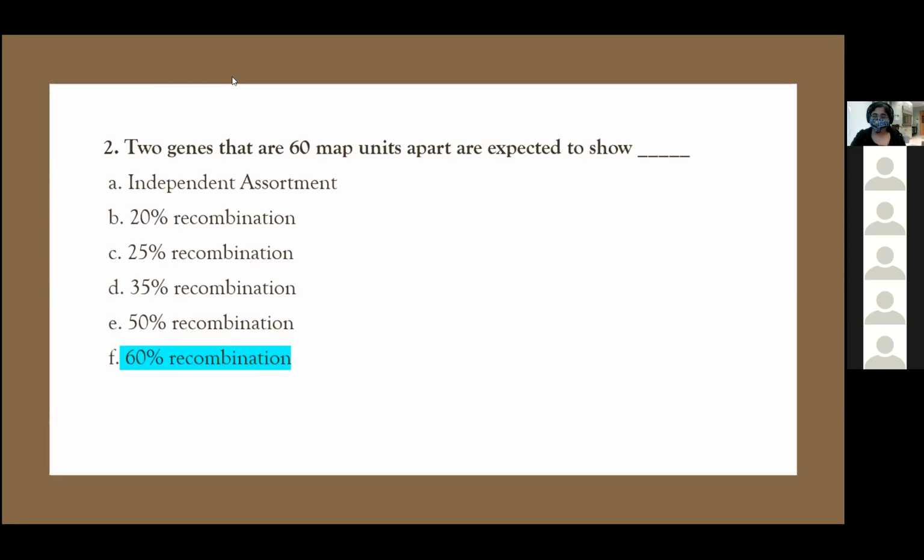So if it's 50 map units, would it be 50% or independent? I think it would be if it's higher than 50%, not equal to, but I need to double check on that again. But if it's anything higher than 50%, it would be independent assortment. Does that make sense? Yeah.